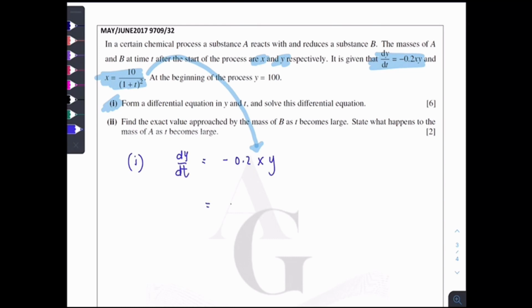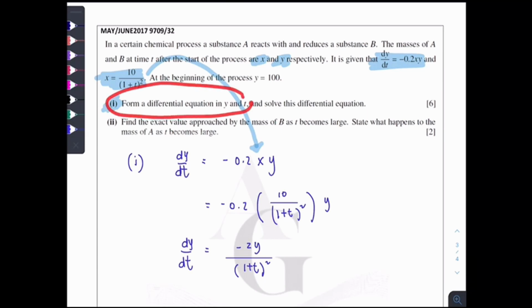Then it will change to negative 0.2 times 10 over 1 plus t squared times y, and hence we will get negative 2 over 1 plus t squared times y. This is our differential equation in terms of y and t only. That's how we answer the first part, and that's how we form the differential equation.